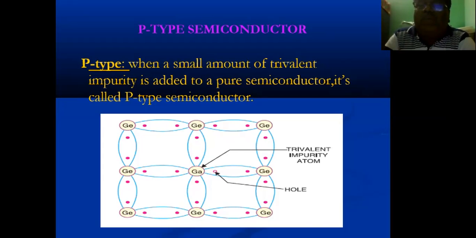What is the N-type semiconductor? What is the P-type semiconductor? When pentavalent impurities are added to a pure semiconductor, it becomes N-type. When trivalent impurities are added, it becomes P-type. That's all.